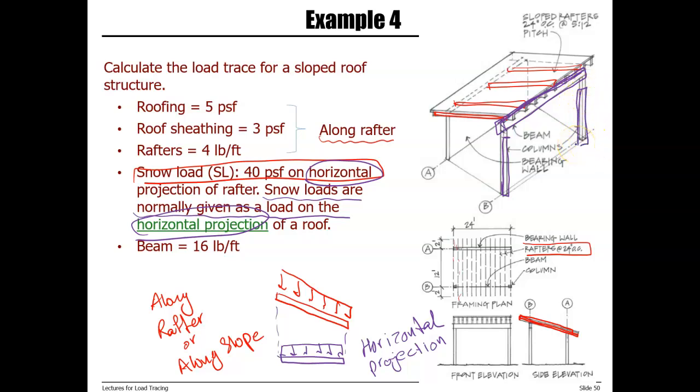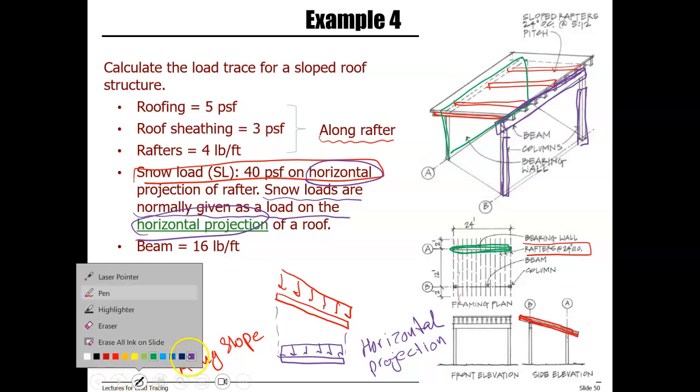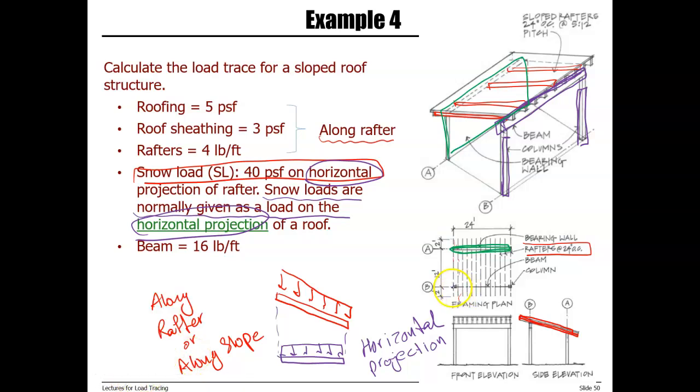And on the other side, we have a bearing wall supporting rafters. So on one side, rafters are sitting on a bearing wall. And on the other side, rafters are sitting on beam and columns.